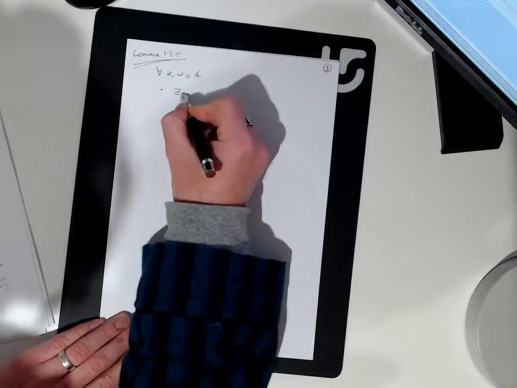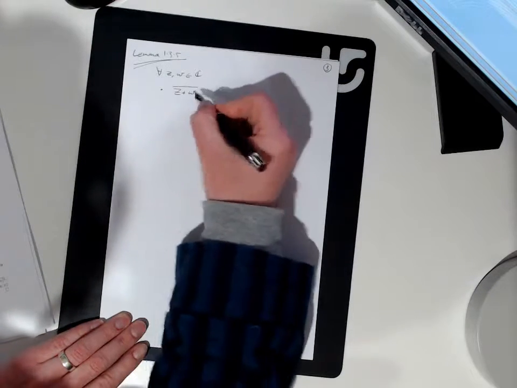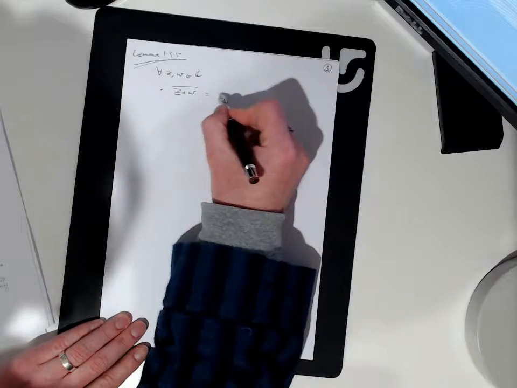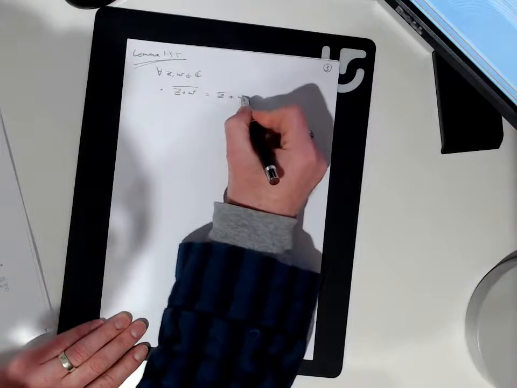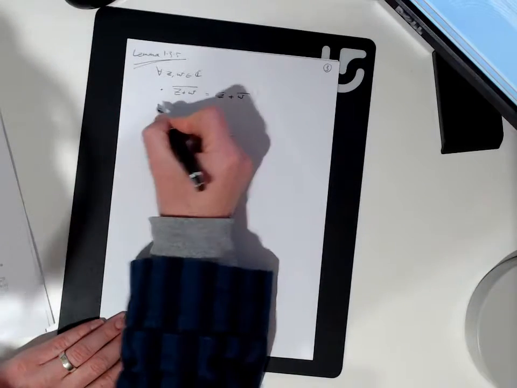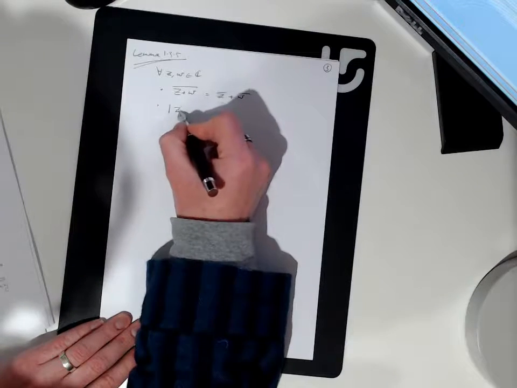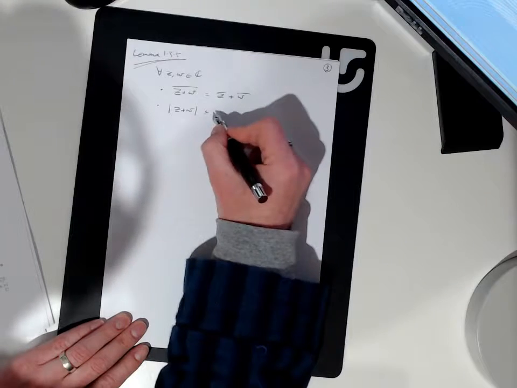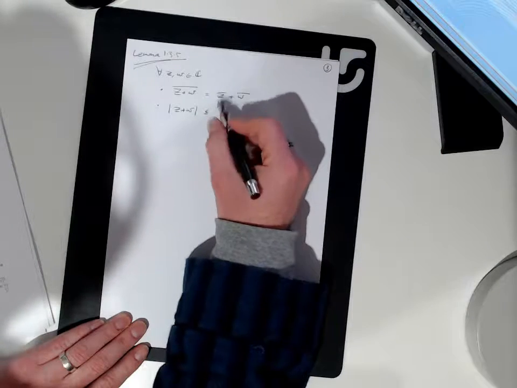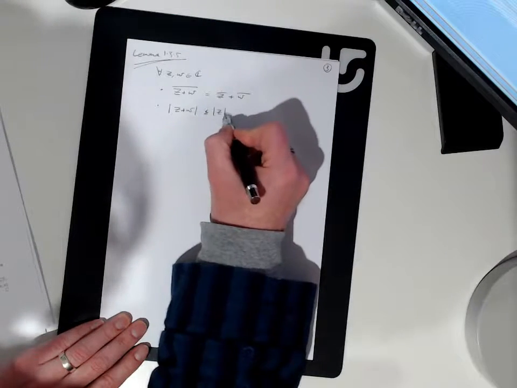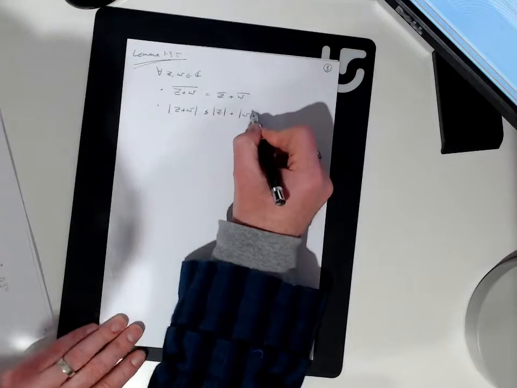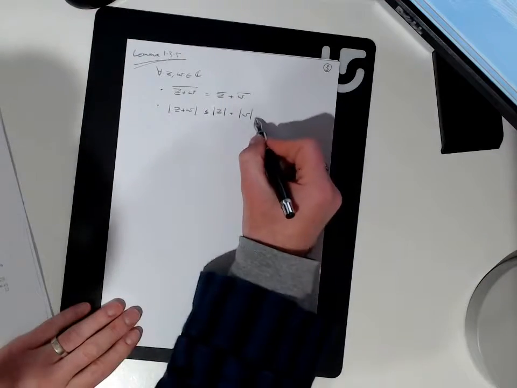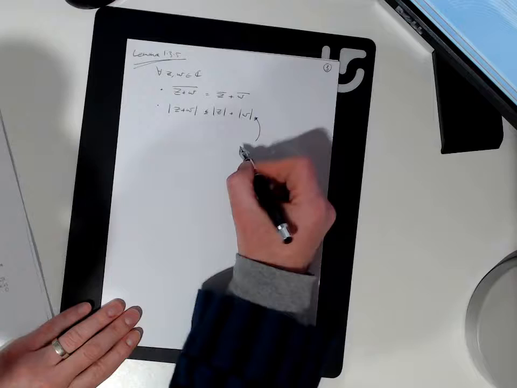The first is that the complex conjugate of the sum is the sum of the complex conjugates, and the second result is that the modulus of the sum is less than or equal to the sum of the moduli. Now this thing here is the triangle inequality.